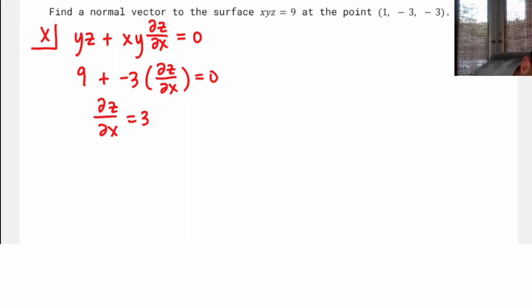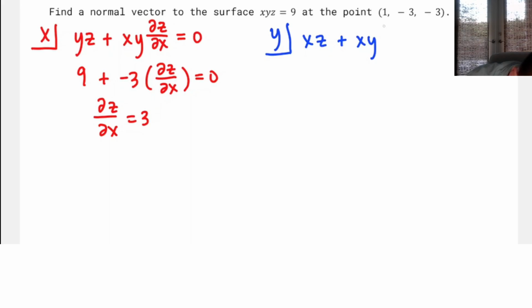Then on a y level, and that might have been a linkage error as well, we don't have to worry too hard about that. We're not taking a standardized AP exam for this class. Taking the derivative with respect to y, take the derivative of y first and leave x and z the same, then leave y the same and take the derivative of xz with respect to y.